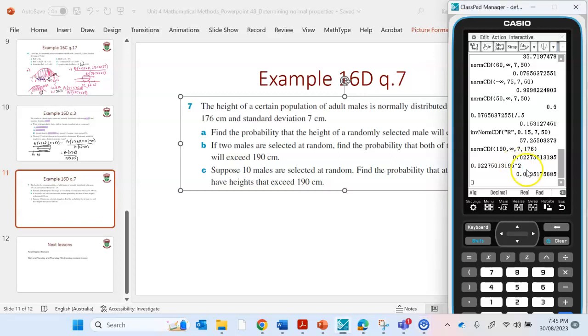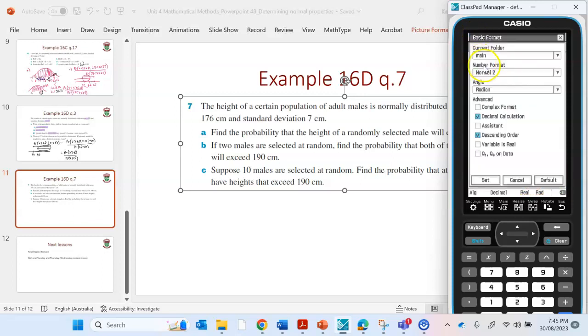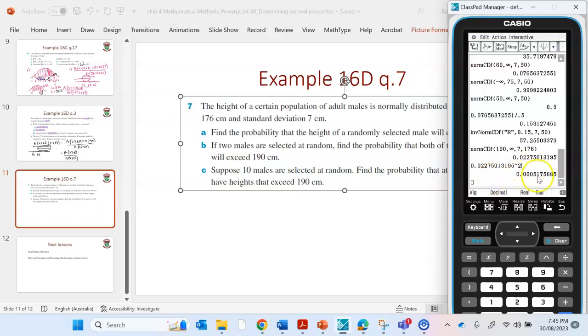When I did that before, I got the E, so you can either interpret that, or if you're still getting that on your calculator, just change it and make sure your number format is normal too, and then you should see all your decimal places. So the probability is quite low to get 2 people at random to be over 190 centimetres tall.